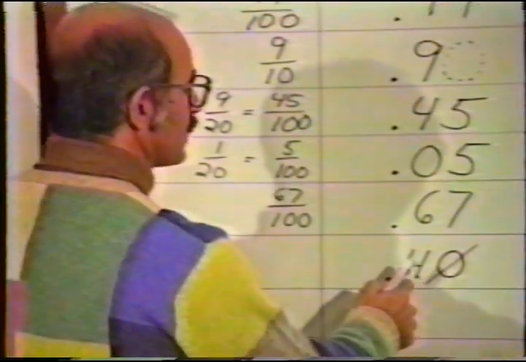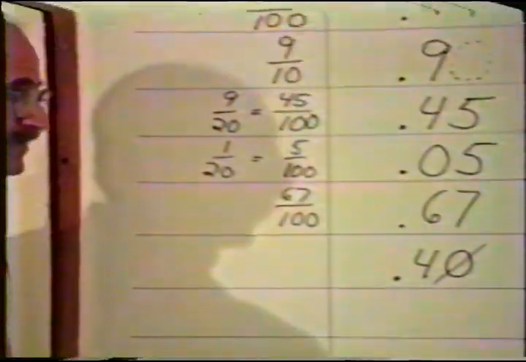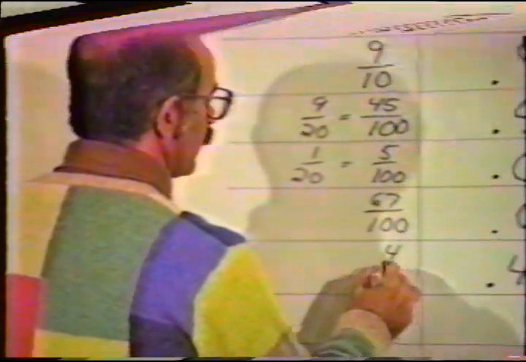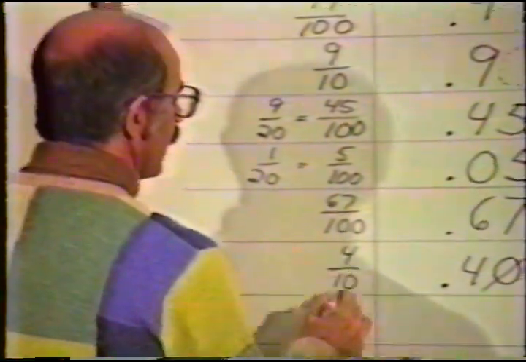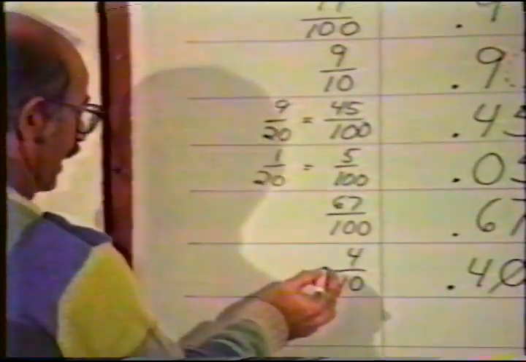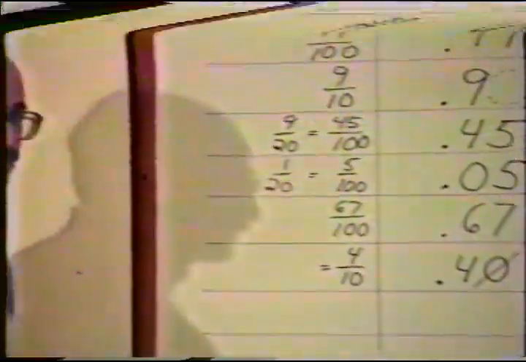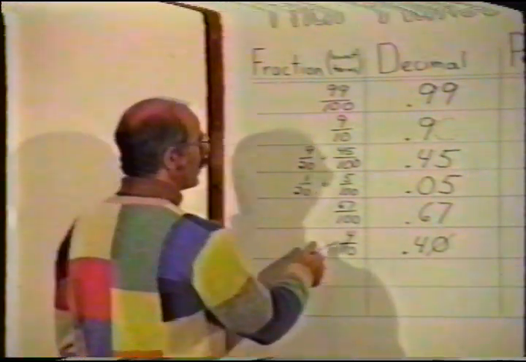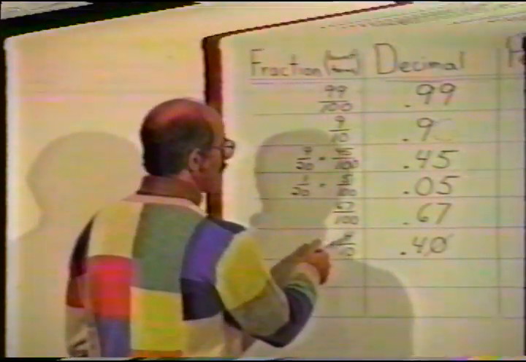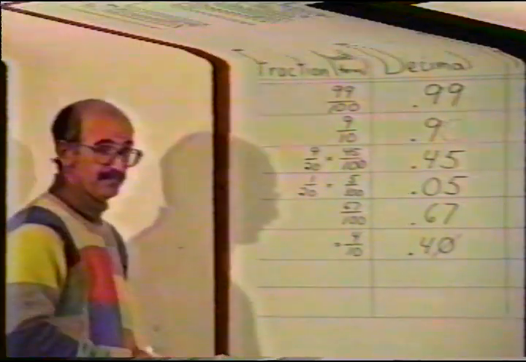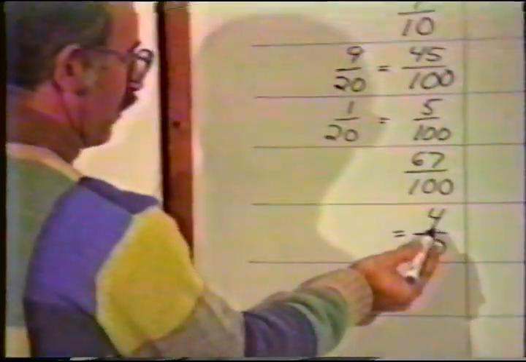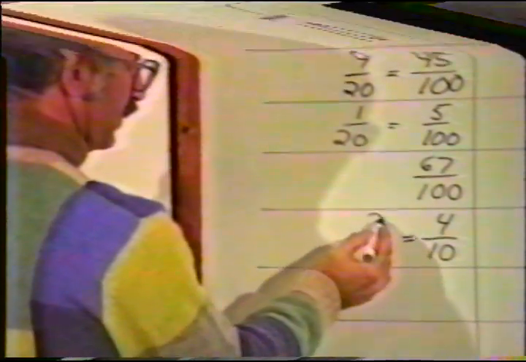What does that number say now? 4/10, which we write as a fraction. Can it be reduced? Yes, it can. With what number can we hit both the top and the bottom? 2. 2 into 4 is 2.